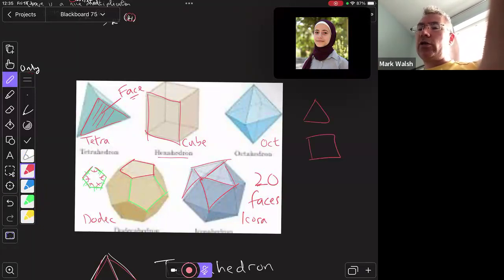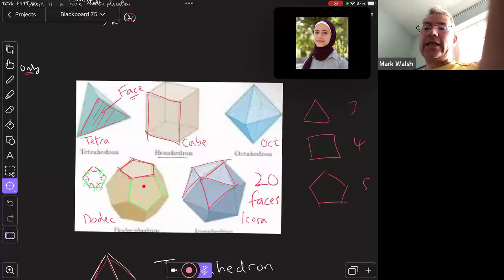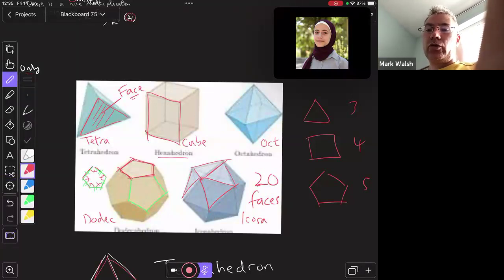The next regular polygon is the pentagon, right? So this is 3-sided, 4-sided, 5-sided. And we see there's an example for the pentagon, and it's here. This is the so-called dodecahedron. Okay, I'll write the full name here: dodecahedron.